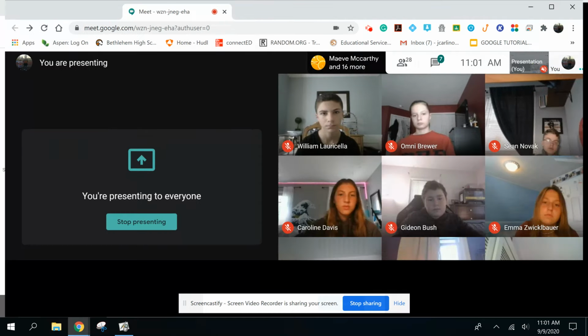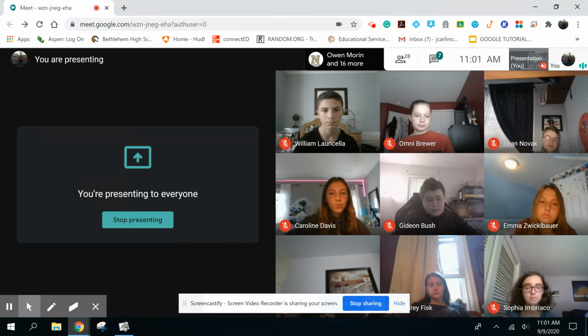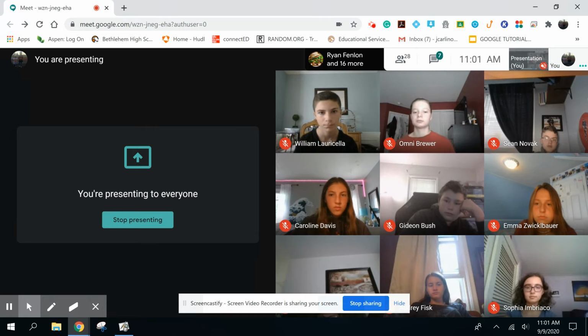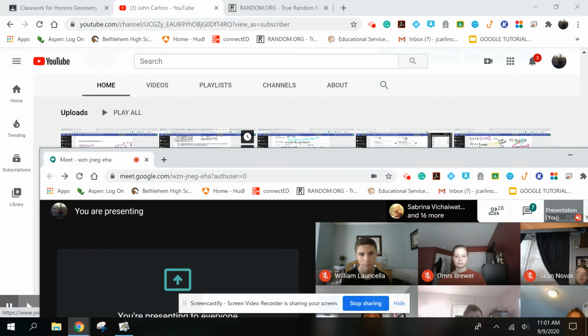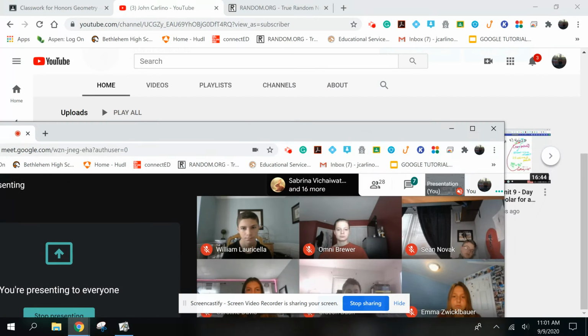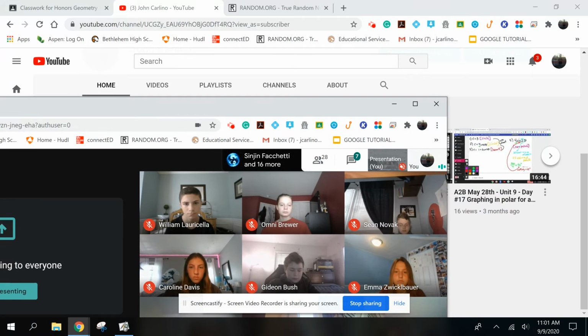Now I have two windows open, just Google Meet and everything else. In the top right-hand corner, you see the X, the two squares, and what looks like the subtraction symbol. I'm going to hit the two squares, and that shrinks it a little bit, but I still need it smaller. So I'm going to come all the way over to the side and drag it over.